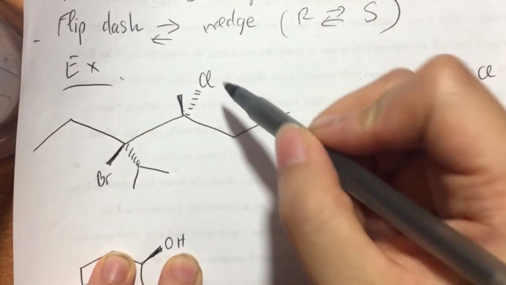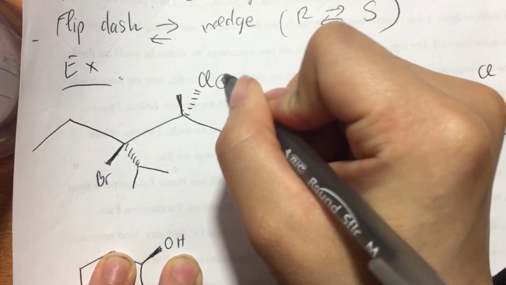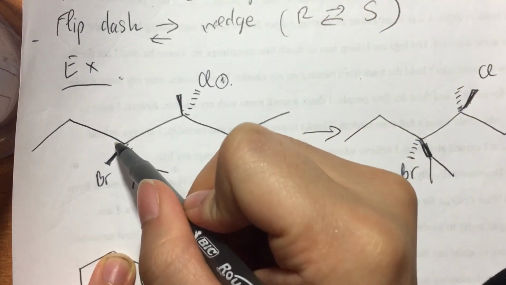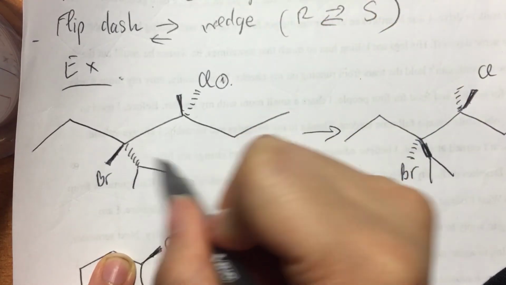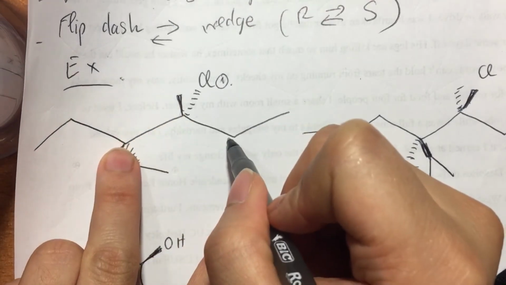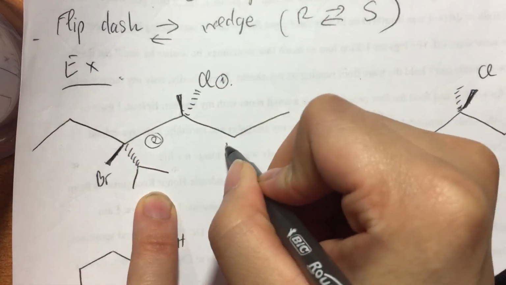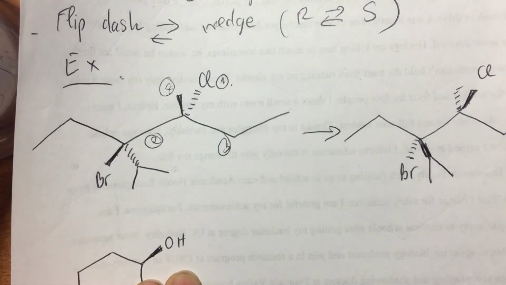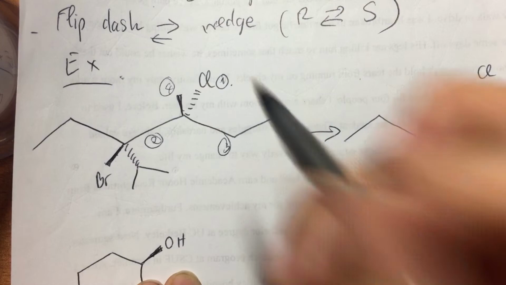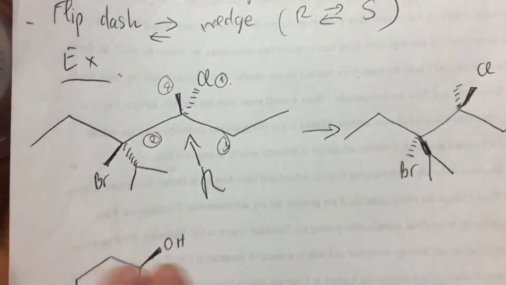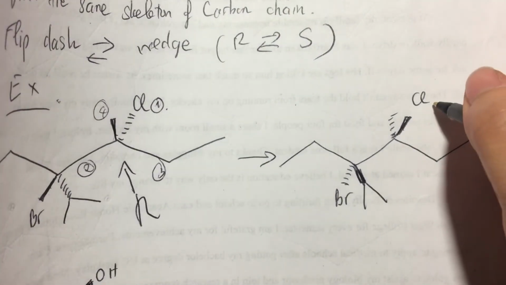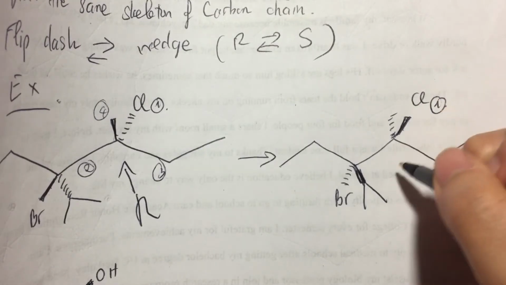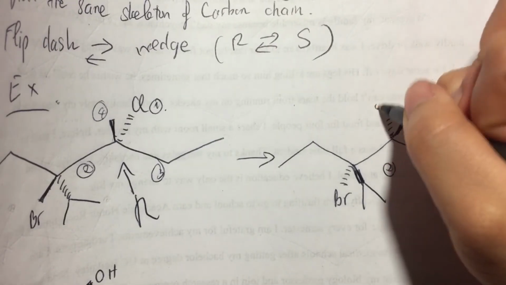Here this is 1, this is 2, this is 3, and this is 4.